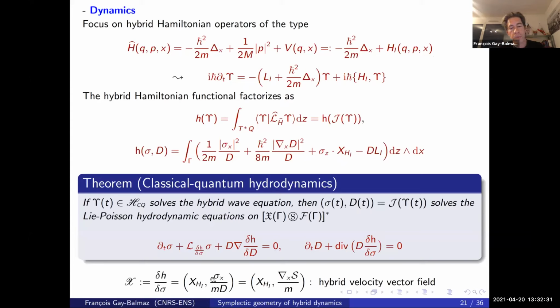But the second part is the ordinary vector field that you already see in the hydrodynamic formulation of ordinary quantum mechanics. So this hybrid velocity vector field has two main components. Both of them play an important role.